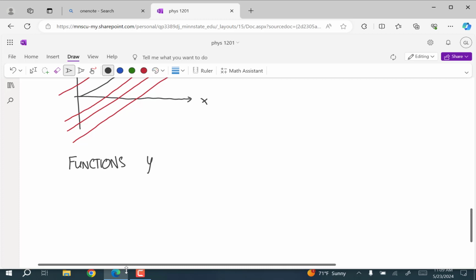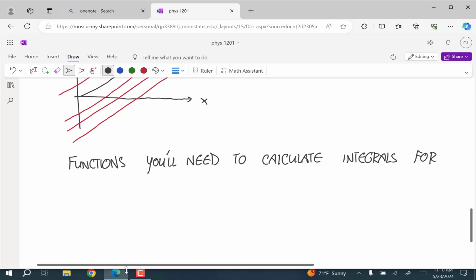So here are the functions you'll need to calculate integrals for. When we did derivatives, there were 3 of them.